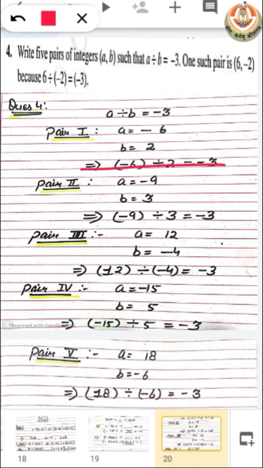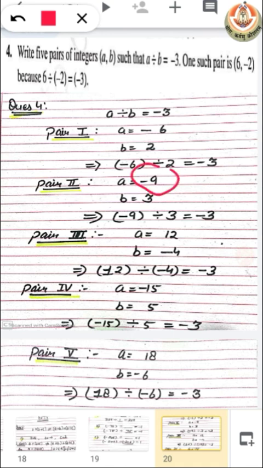Let's check for the next one. We want -3 in the answer, so we have to write two numbers such that one is a 3 times multiple of the other. For example, 9 is the 3 times multiple of 3, and put a negative sign in any one of them because we need negative in the answer, so we have to put the negative sign only in one.